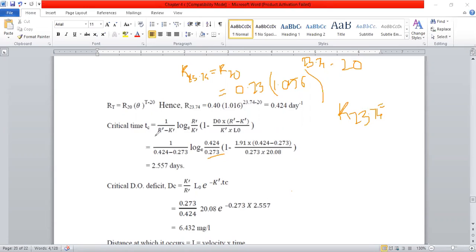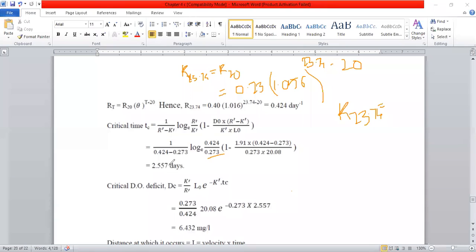Now the critical time Tc you can determine the way we determined in the earlier example: 1 upon r dash minus k dash into log to the base e into r dash upon k dash into bracket 1 minus D naught into bracket k dash upon k dash into L naught. It is not Do, it should be D naught, there is a printing mistake. Okay. So write down values. 1 upon the value of r dash you have calculated, that is 0.424, minus the value of k dash, 0.273, log to the base e.